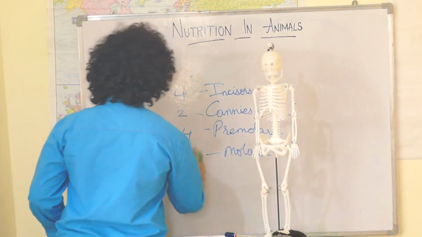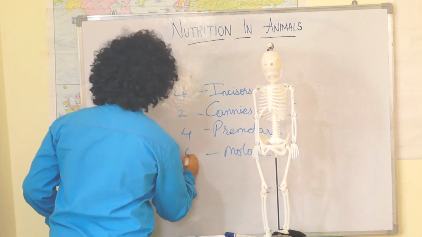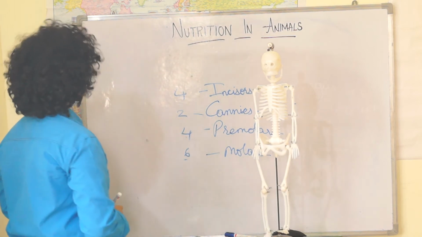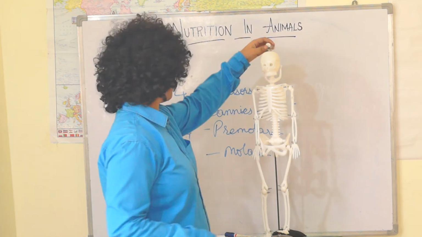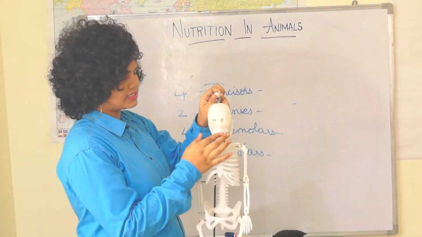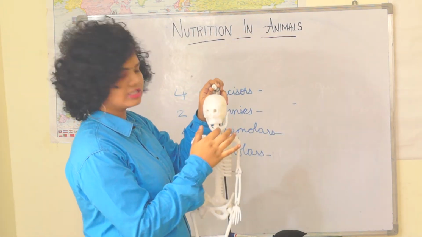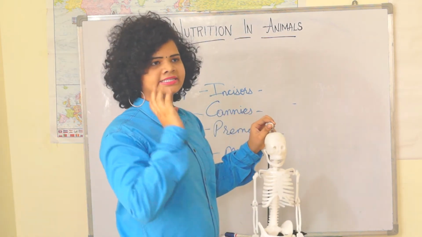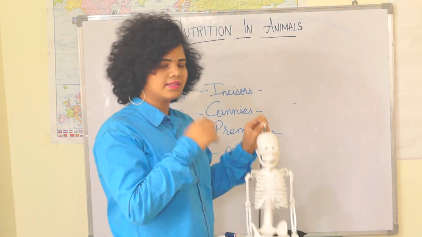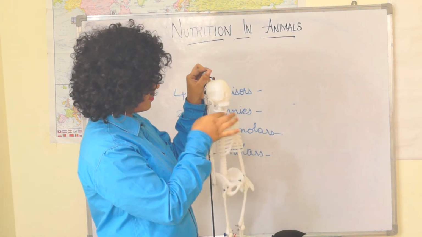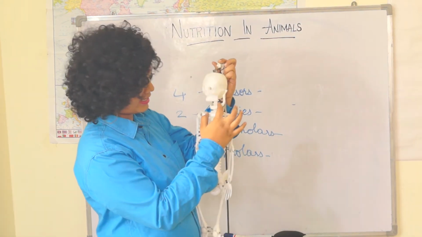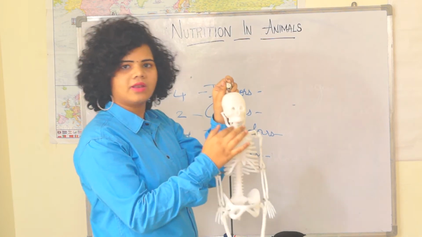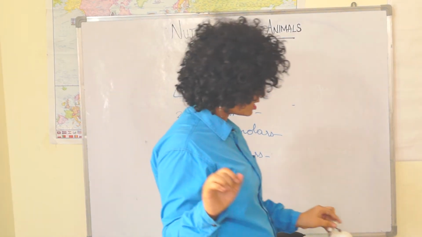So these are the teeth present inside our jaw. First of all you have the incisors, you have canines, the very sharp teeth here and here, and at this region you have the molars and the premolars. You can see the small teeth, right? So these are molars and the premolars.